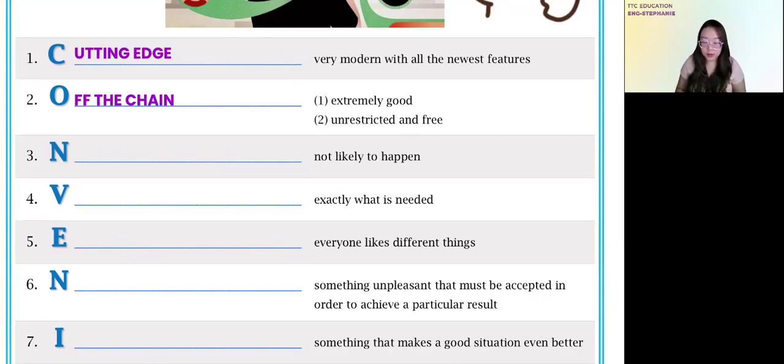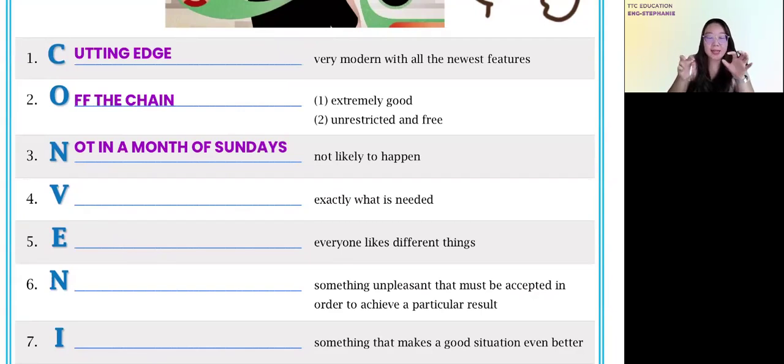Then we move on to the third one, not likely to happen. If you want to talk about things that are not likely to happen, there is an idiomatic expression that you can use, which is not in a month of Sundays.